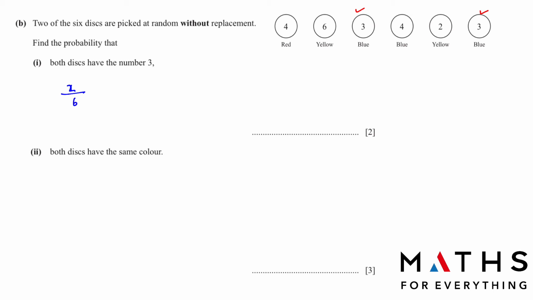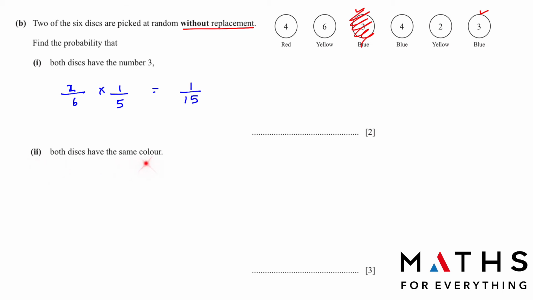Now suppose you picked this one and the second one you want to pick. Remember, it is without replacement. So how many number 3 disks are remaining? 1. And how many total disks are remaining? 5. So therefore the answer is 1 over 15.